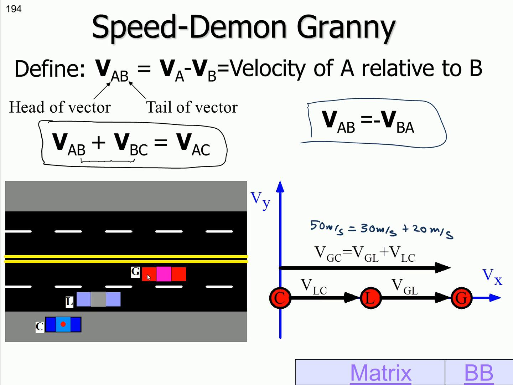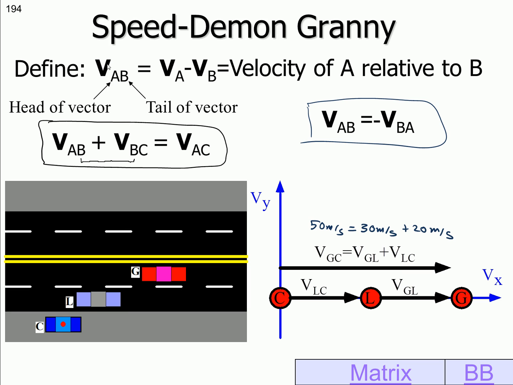And the idea is that we want to represent the relative velocities of certain objects with respect to the reference frame of another object. And so the definition that we work with is, we'll say VAB, this is a notation.